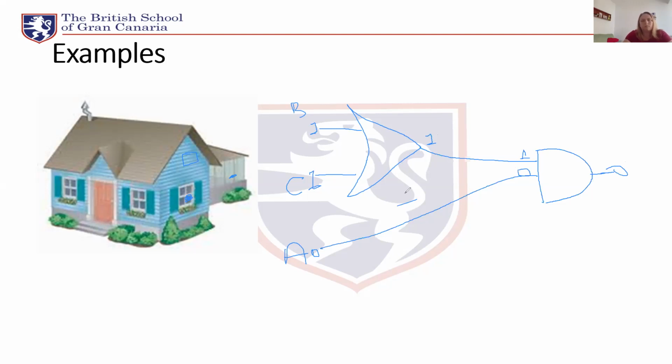But then, if we were to change this and think of another scenario, and that would be that the Smith family have gone to the beach for the day, okay? Nobody's home. So they've put the burglar alarm on. So the burglar alarm is on.